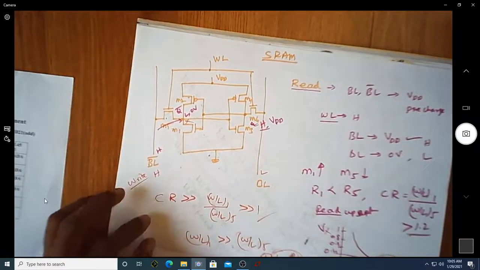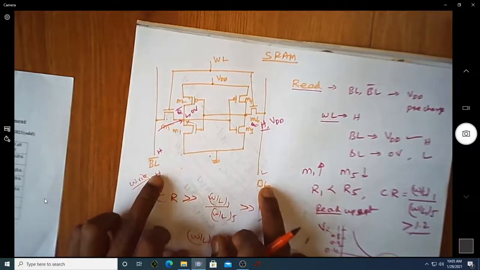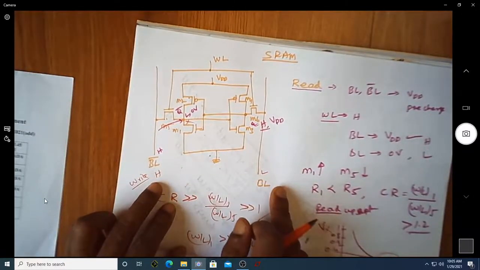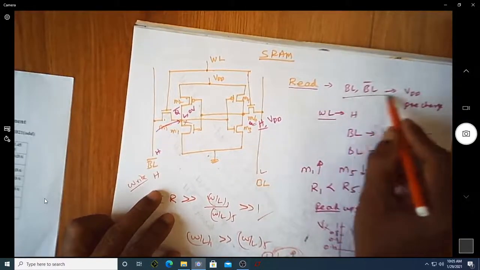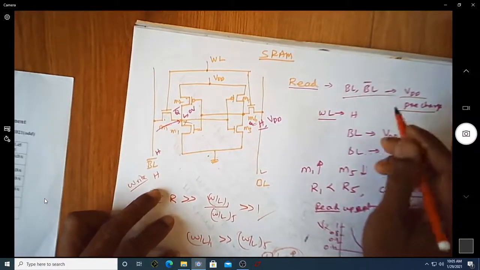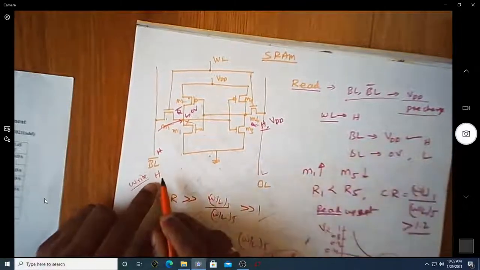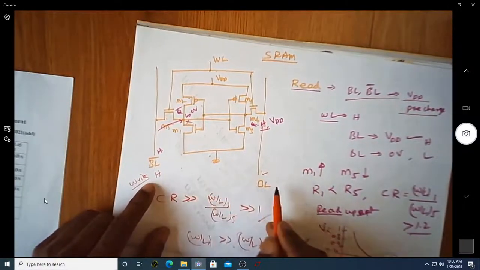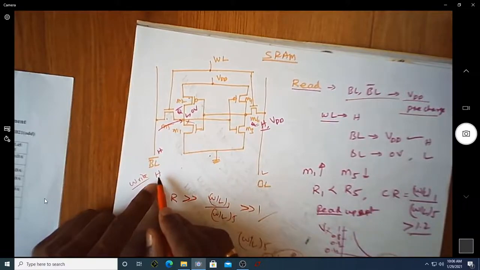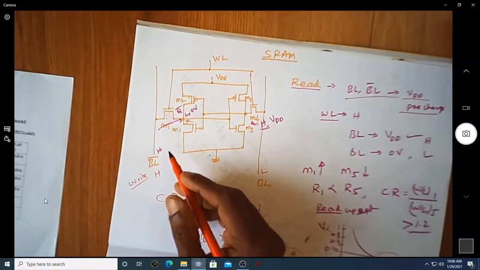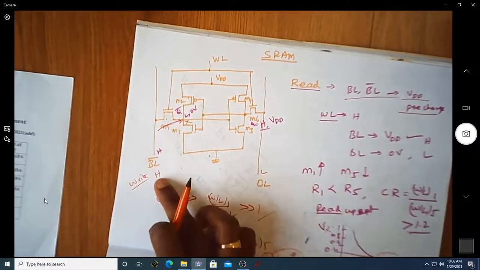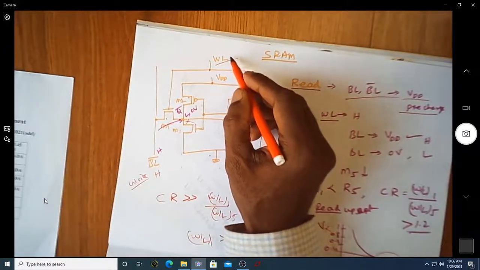During the write operation, BL and BL bar are complements. During the read operation, both are pre-charged and the process will start. Since you are doing the write operation, this is low, this is high. Once you make this low and high, you make this word line equal to 1.